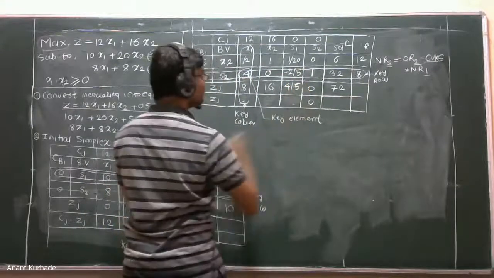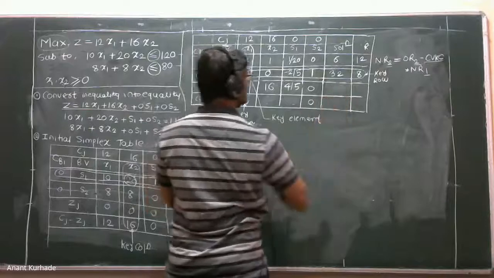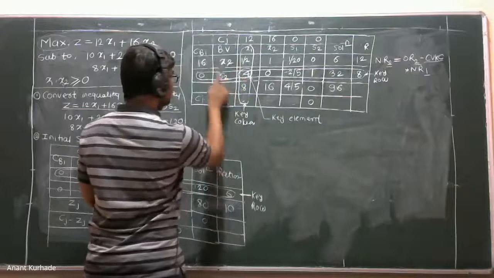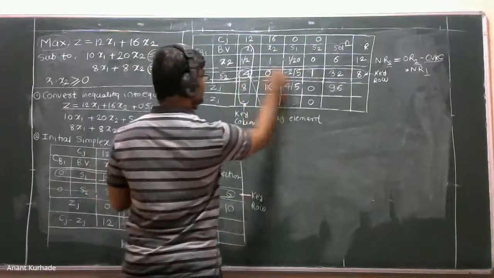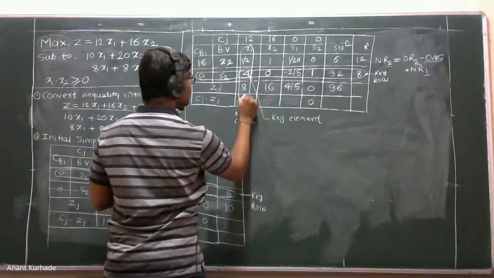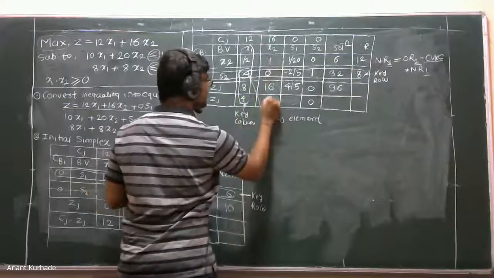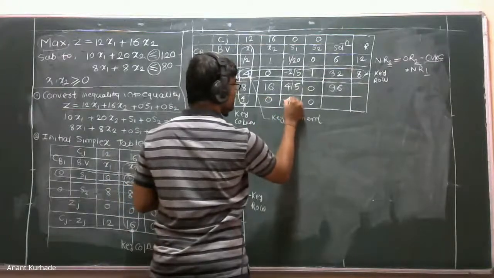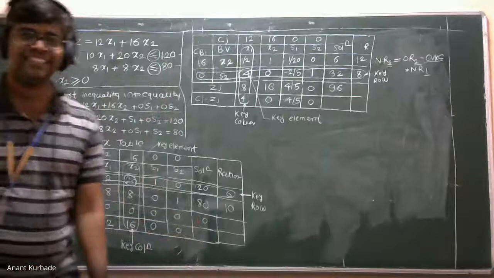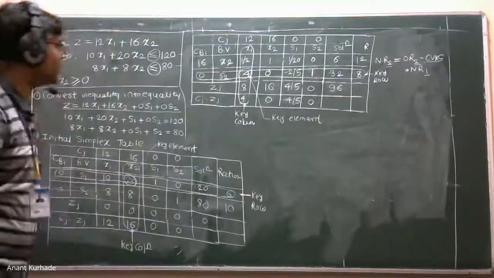Here you can find 96. Now 12 minus 8 it is 4. 16 minus 16 it is 0. Here we have minus 4 upon 5. Correct. Very nice.